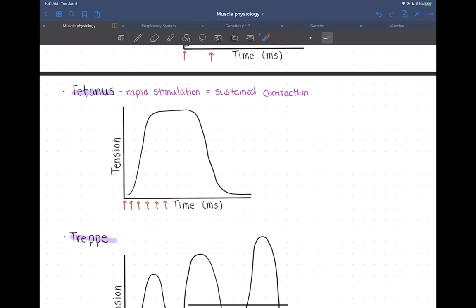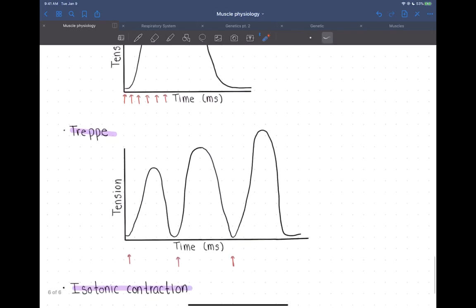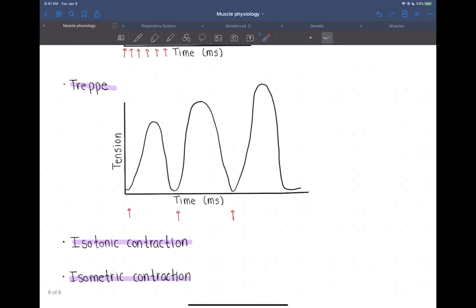Okay. All right, and then our last concept for these myograms is treppe. And now treppe, I want to be very clear, is only seen in cardiac muscle. Right? So it's only in cardiac muscle. So heart muscle.